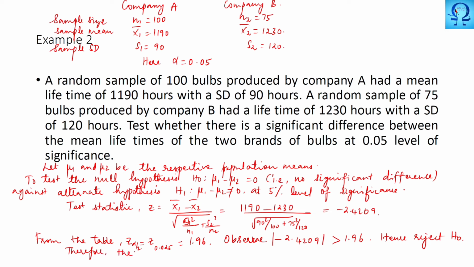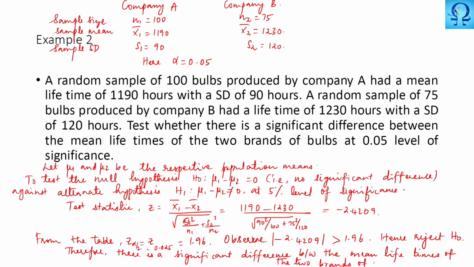Therefore there is a significant difference between the mean lifetimes of the two brands of bulbs at 5 percent significance. This is very important. We are testing for the 5 percent only, not for 1 percent or some other thing.